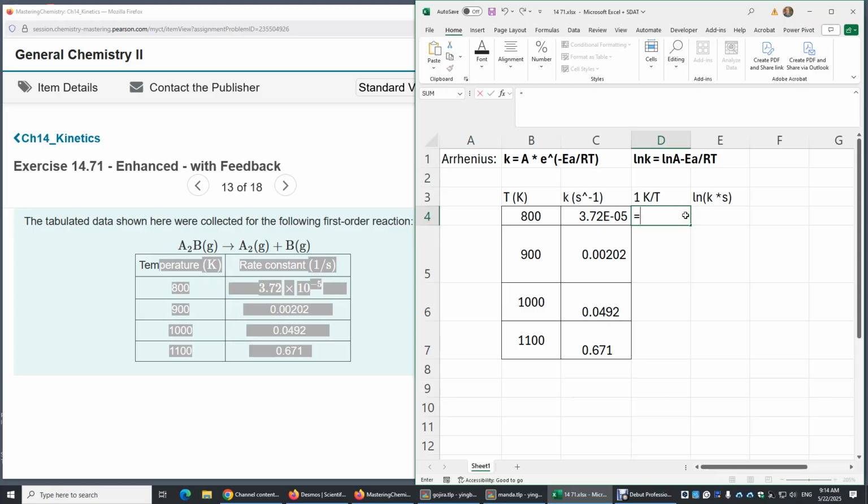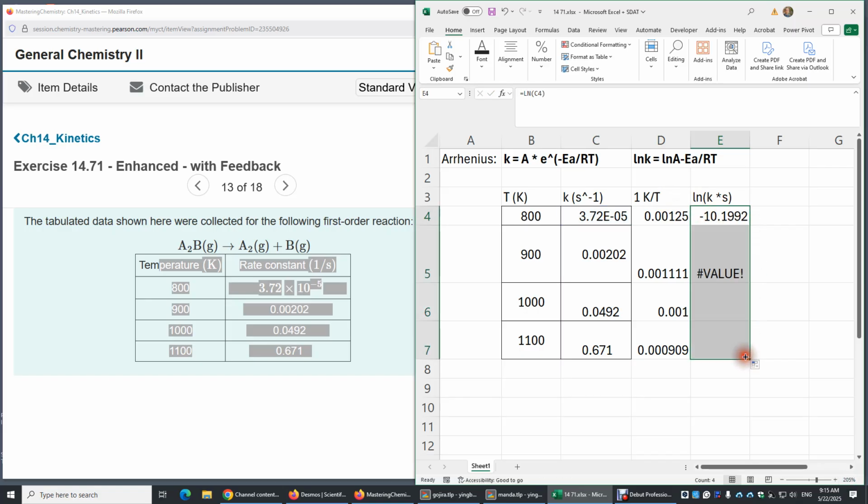So let's do this. It's going to be 1 over temperature in Kelvin. You have 1 over T, and this column should be the logarithm of K multiplied by the second, just to get rid of the units.